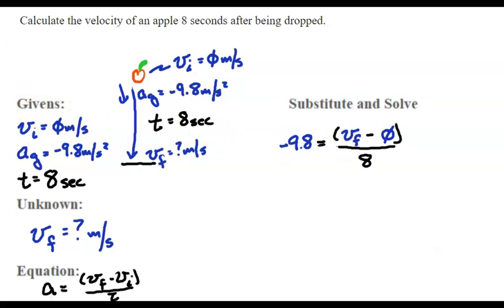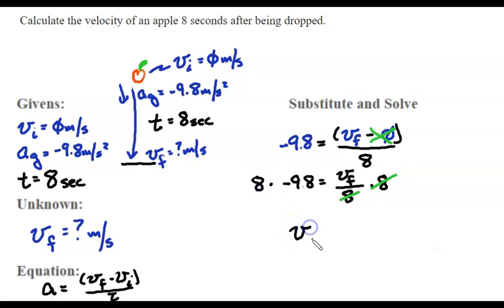Well, let's see, any number minus 0 is just that number, and so I get negative 9.8 equals velocity final divided by 8. In order to get 8 out of the denominator, I'm going to multiply the right-hand side by 8. That cancels. But whatever I do to the right, I need to do to the left as well.